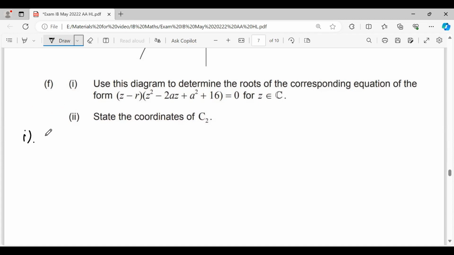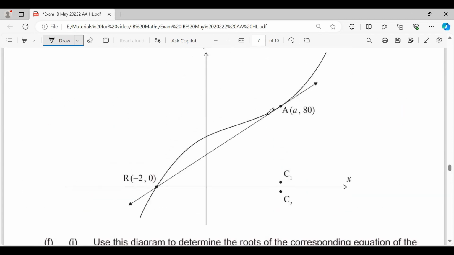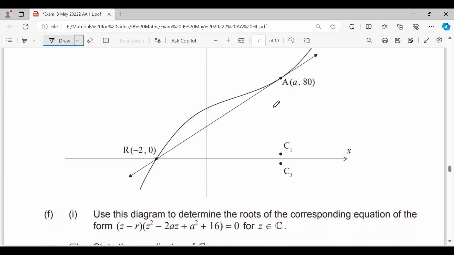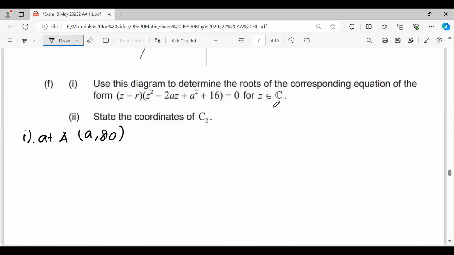So a comma at, a and at, a is on the coordinate point A. So it means x equals a, y equals at.